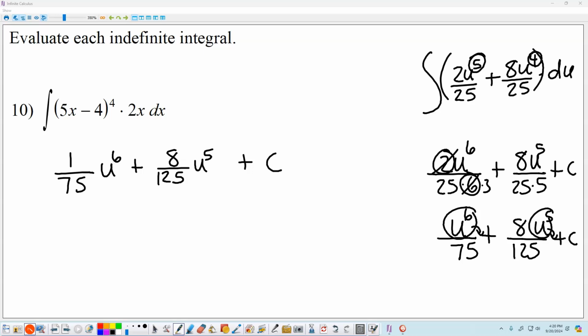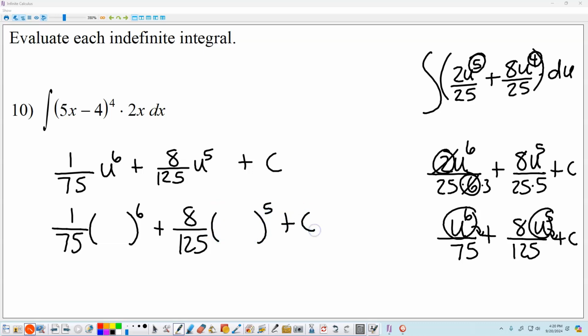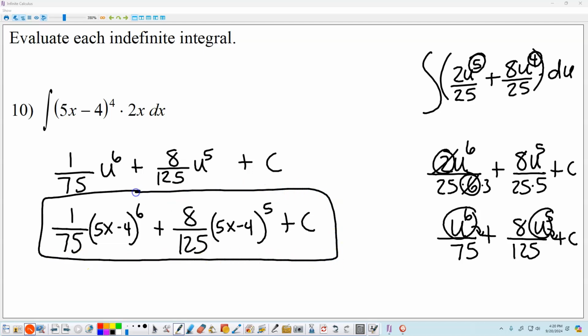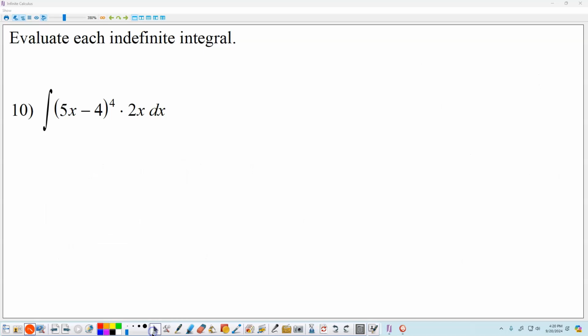And then we're going to put our u's in. And there's our final answer. All right, moving along.